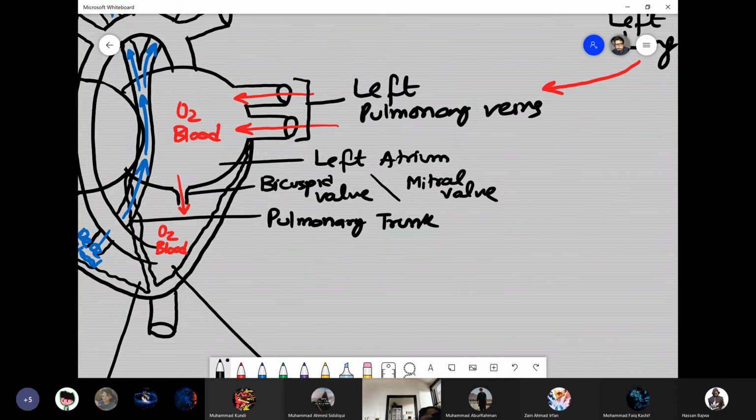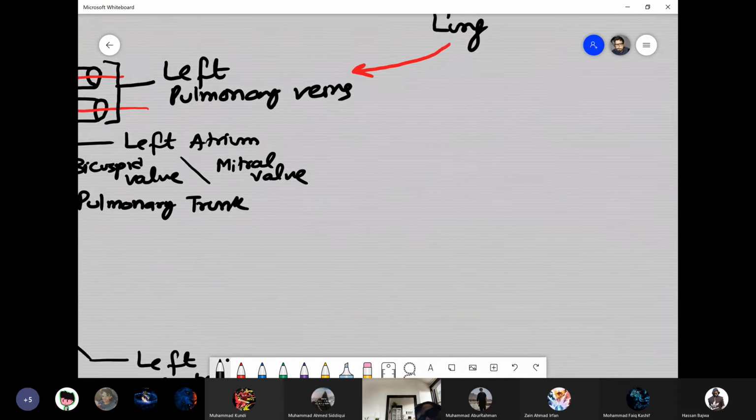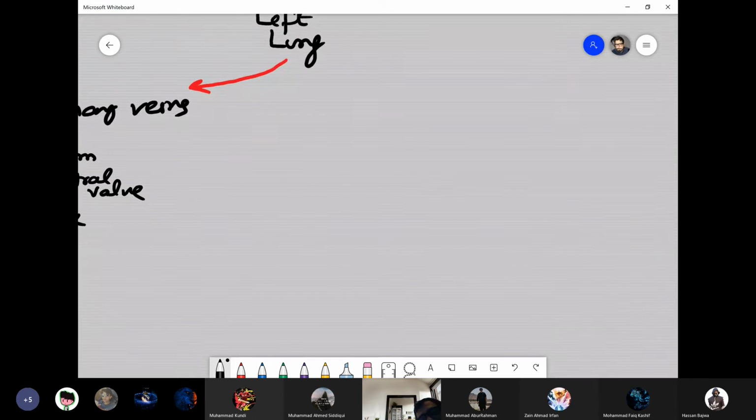Now, why is it called the mitral valve? If you have seen in the movies or in TV dramas, the Christian priests wear a cap like this, long, and from the top it is like this. Have you seen?